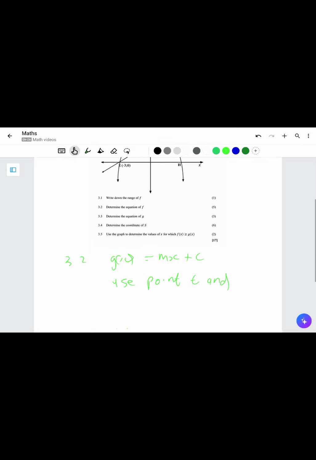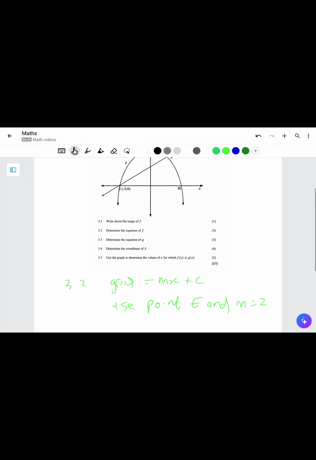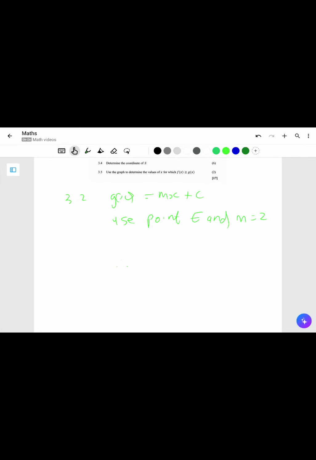So we know that m equals 2, because m is our gradient, right guys? So we do know that we have point E on that line, as you can see there. E is on that line over there, and we know the gradient is 2, so this is not going to be too difficult. Let's have a look at it.